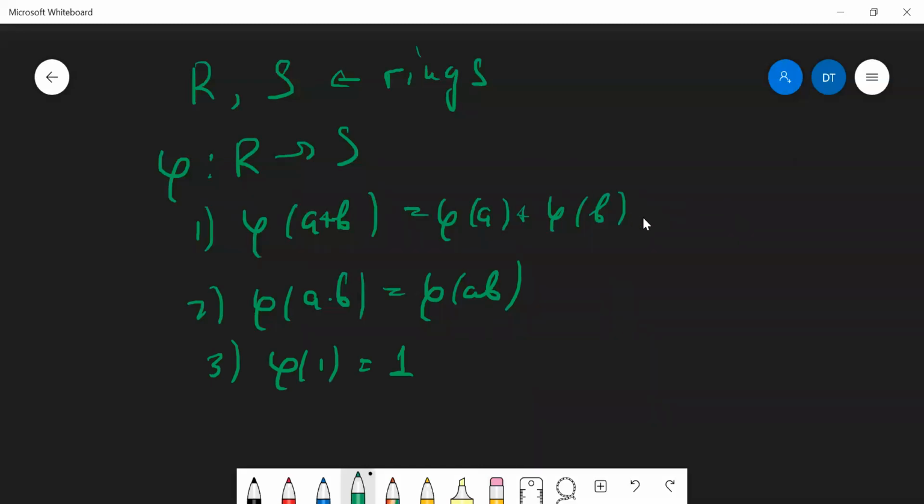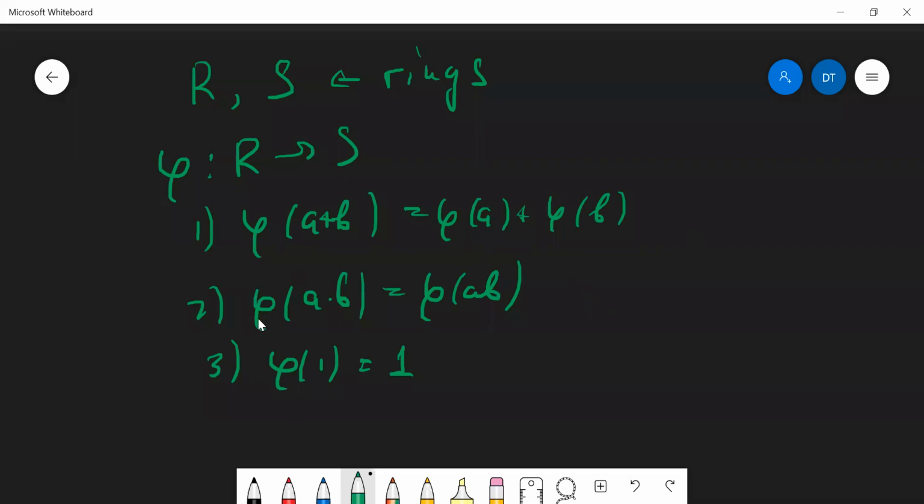So in case of abelian groups, in case of groups, we just need to preserve one operation and automatically preserve the neutral element. But this happens because the operation was really good. In case of rings, only addition is a good operation. So if we preserve addition, then we also preserve the zero element.